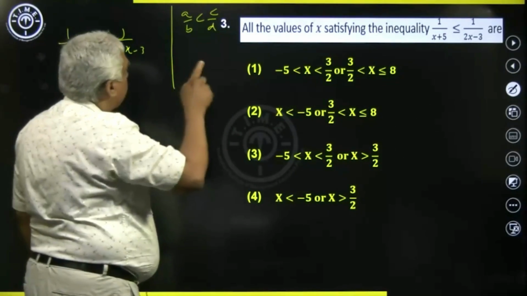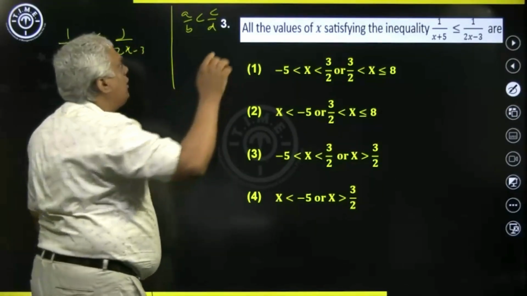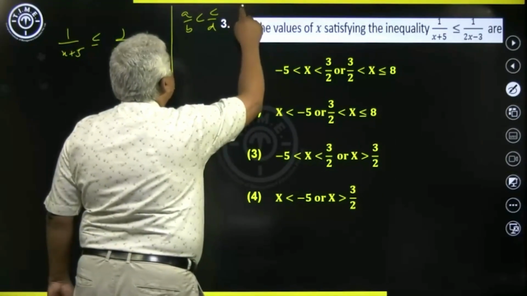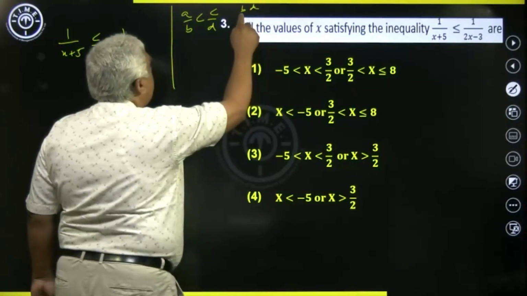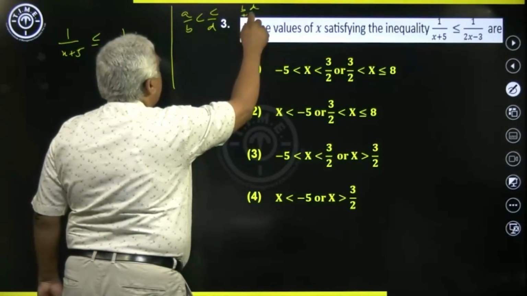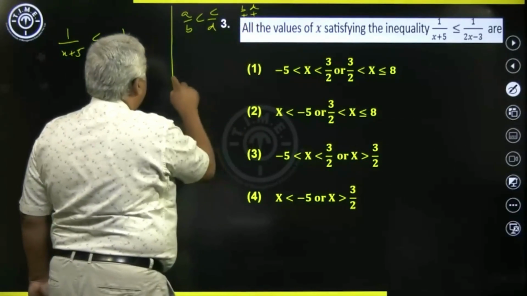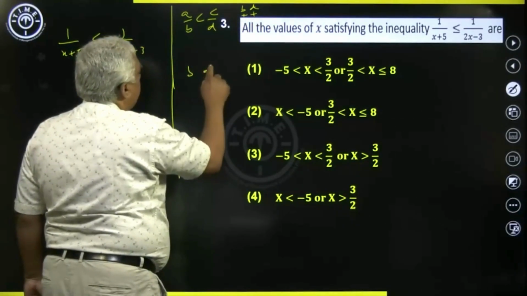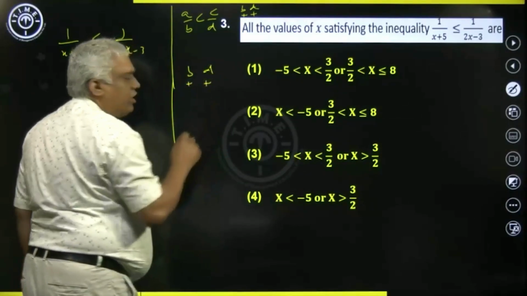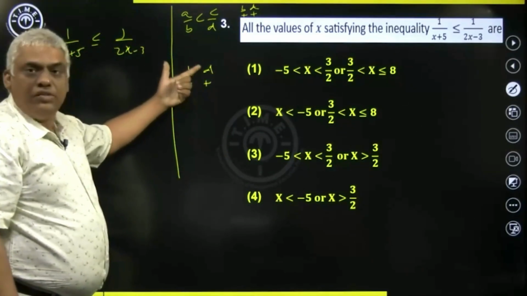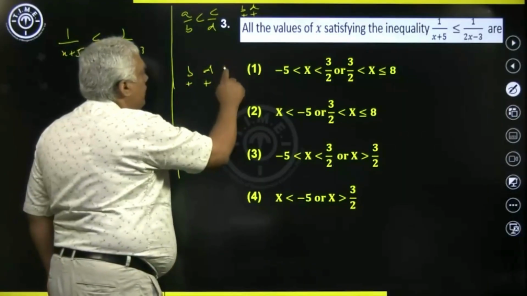See, what is cross multiplying? We multiply both sides by bd. Now, if b is positive and d is positive, or both are negative, that means b and d have the same sign, so bd is positive.